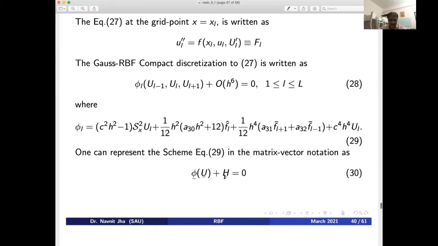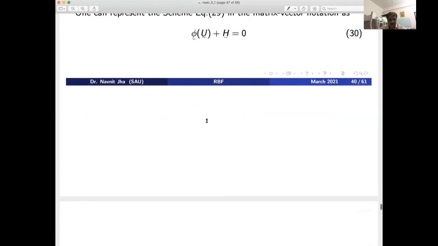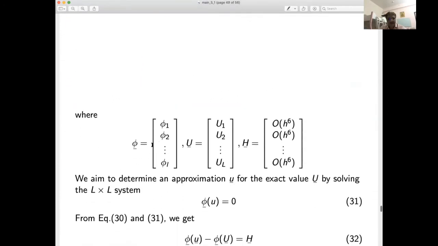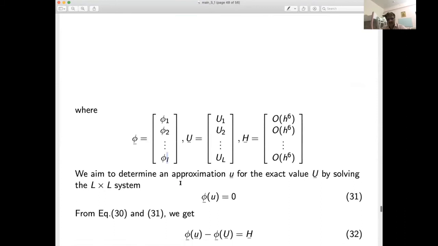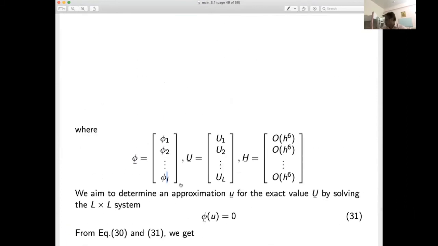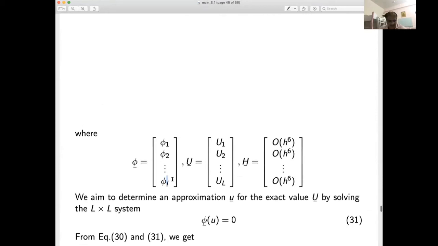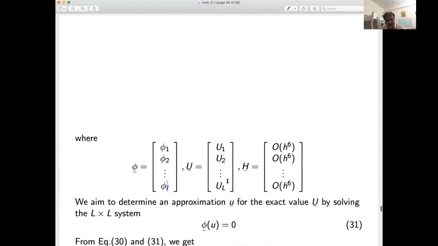What is this uppercase H and this phi and this U? This phi is basically phi_1, phi_2, phi_L. Here it is uppercase L. Please correct it, this is uppercase L. Again, U is basically U_1, U_2, U_L, and H is maybe different terms, but I have jointly written them as order h^6.